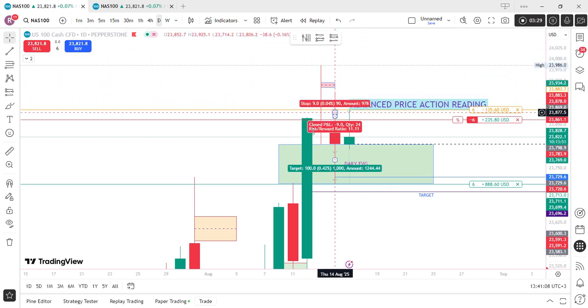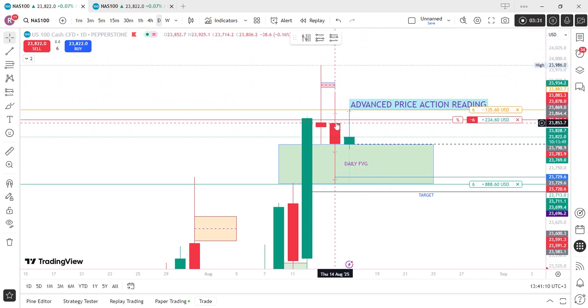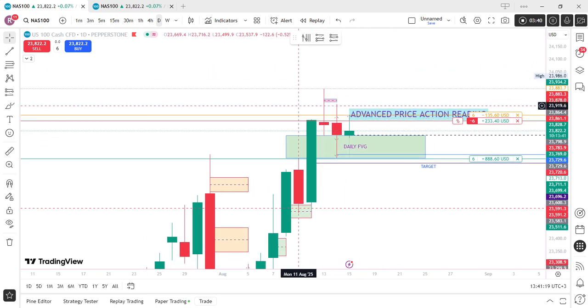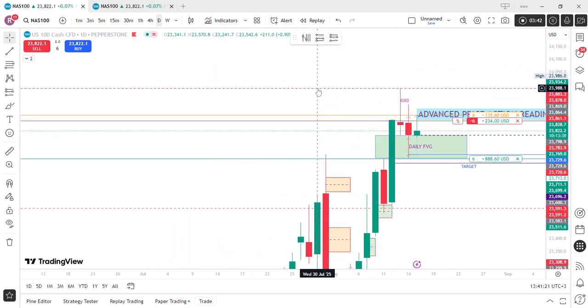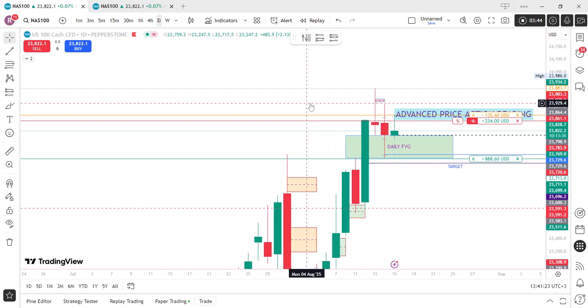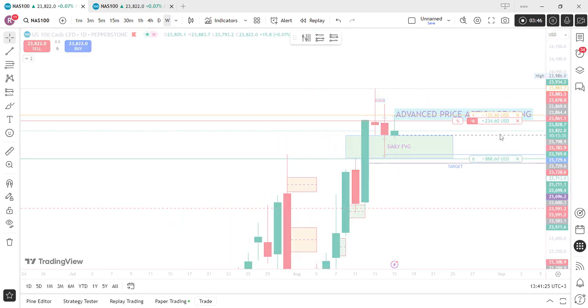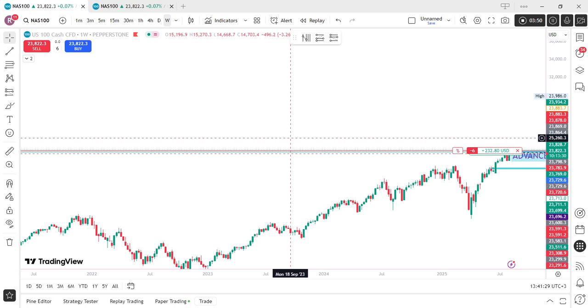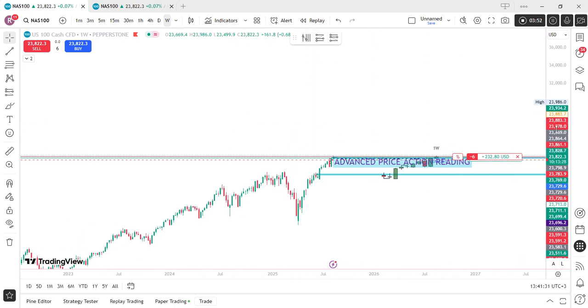Okay. So you realize that this is undecided, this is what I call undecided market bias or market direction. But given the fact that we're on a premium level, we just tapped the highest of Nasdaq of all time. Let me see. Yeah, this is the highest ever Nasdaq has ever hit.